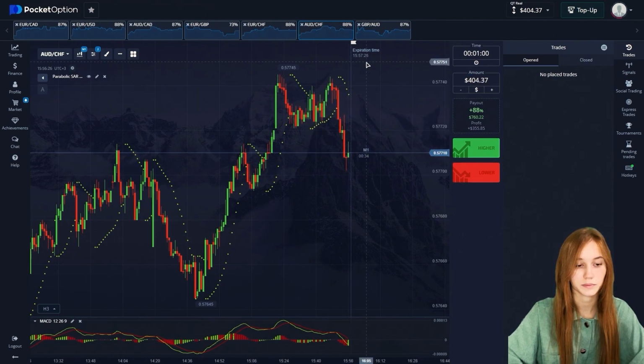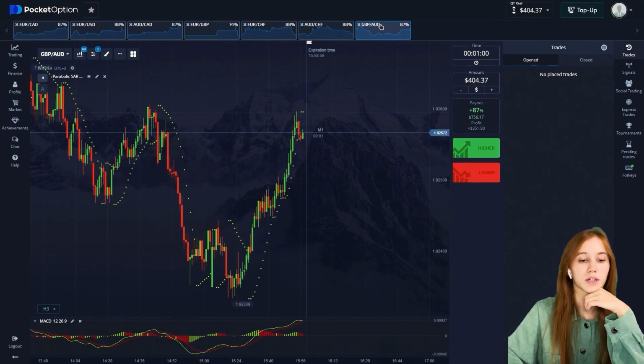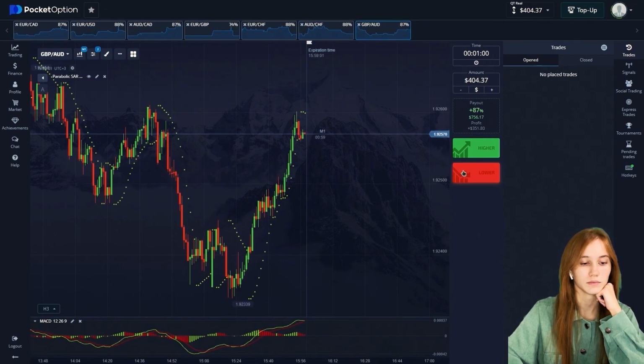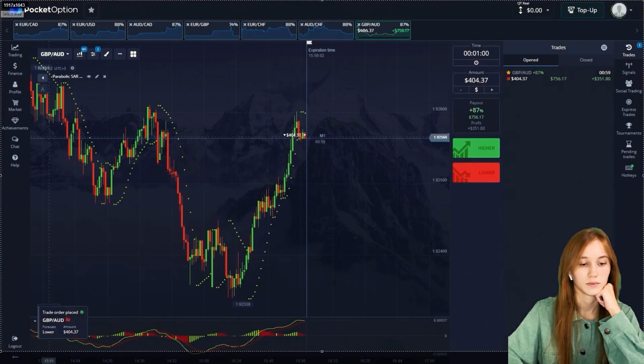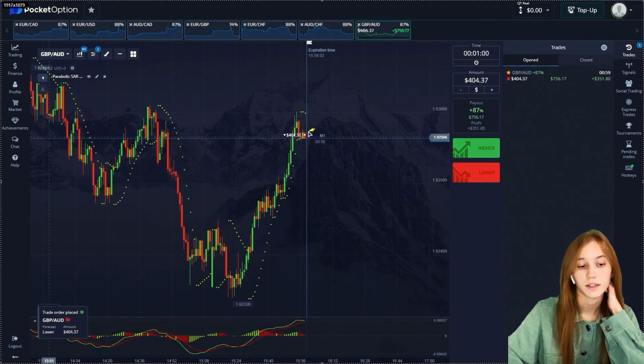Here we are. Let's open down deal and start our technical analysis. Good deal, I think. It's a peak. I think it will draw down. The higher we open, the higher our points. I think it's successful.